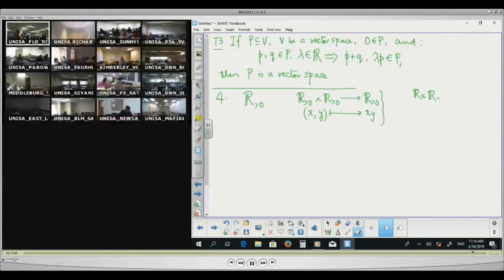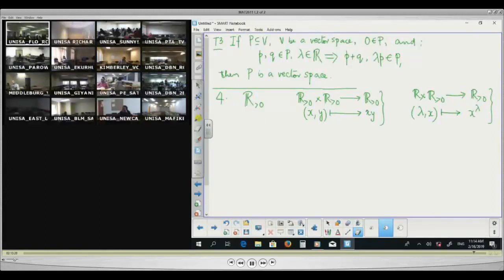It is x to the power lambda. Okay? Let's look into this distributivity of scalar addition. So remember, what do I have to show?